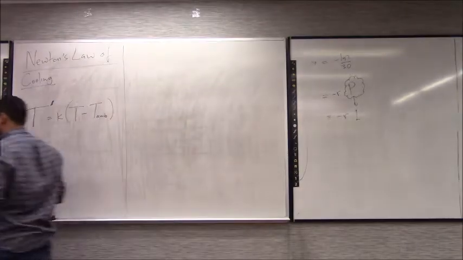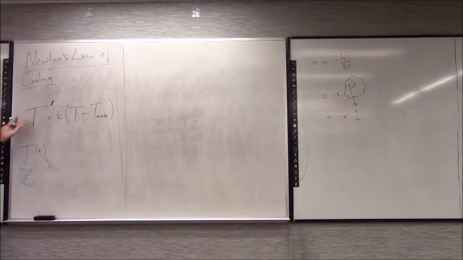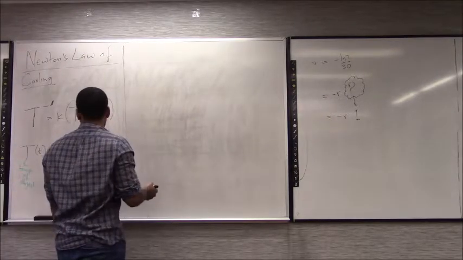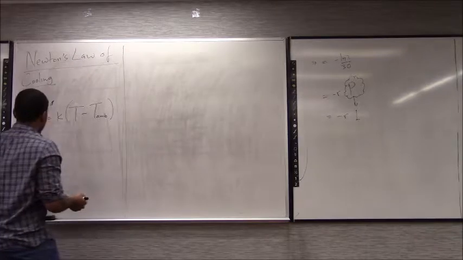And this is called a differential equation because it has derivatives in it. It is something that you might study in a differential equations class. I'm going to solve it using separation of variables again.